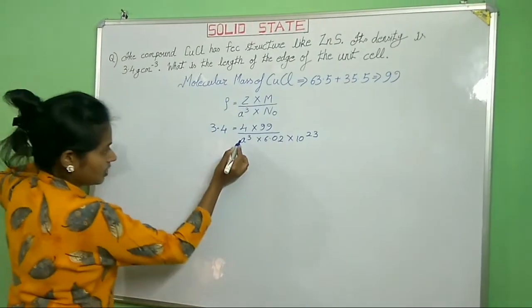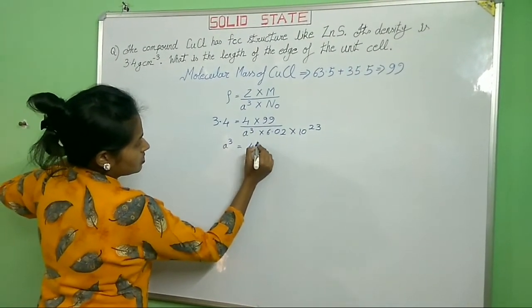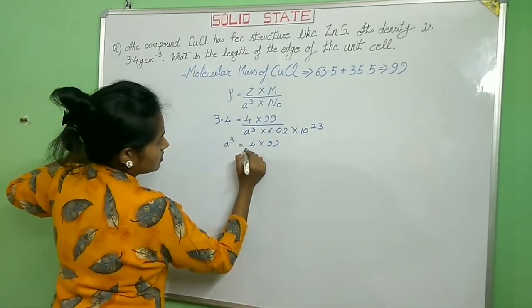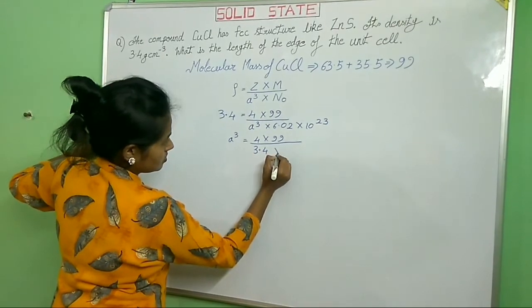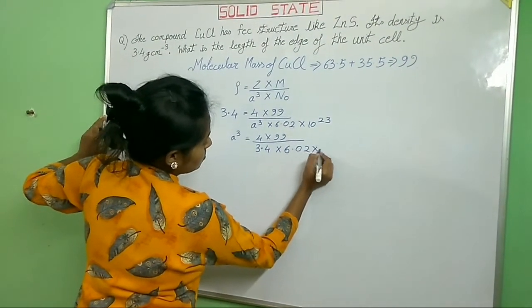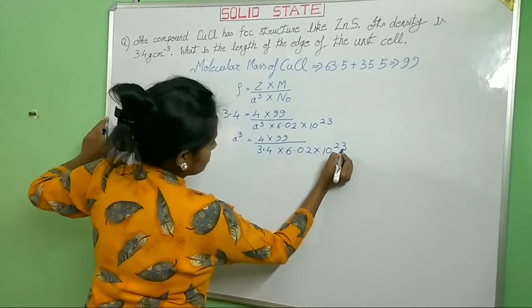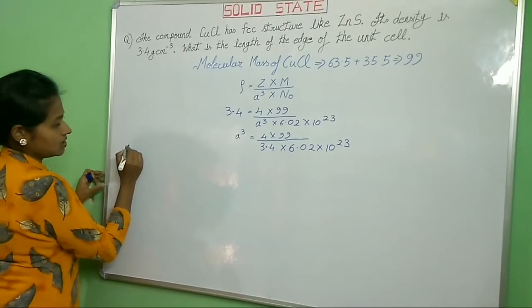Now we have to find out the volume. a cube equal to 4 into 99 divided by 3.4 into 6.02 into 10 to the power 23. Now we will remove all kind of decimals to make the calculation very easy.